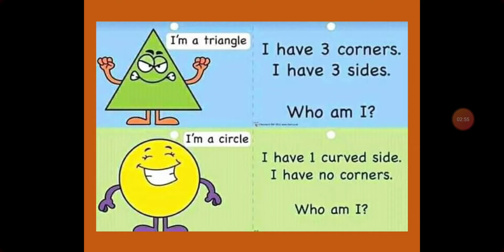I have 3 corners. I have 3 sides. Who or what am I? Well, the answer is staring at you. I am a triangle. Okay, can you see the triangle?